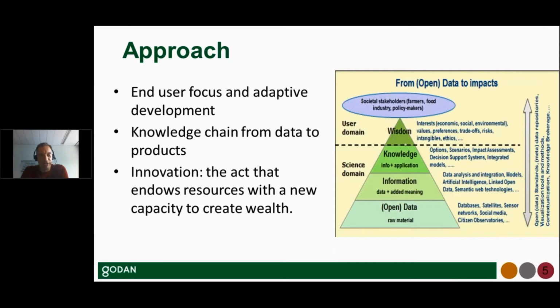What we think is an important thing is a knowledge chain from data to products. If you look at the right side of the screen, you see a pyramid, which might be familiar to you already, but I still explain it a little bit. Open data, in fact, is more or less a primary building block of a lot of things above it.